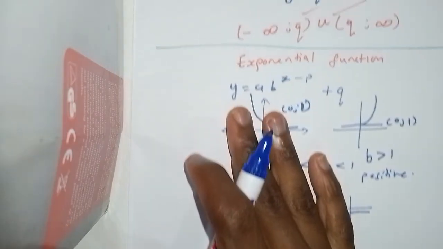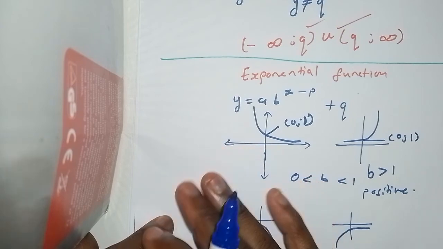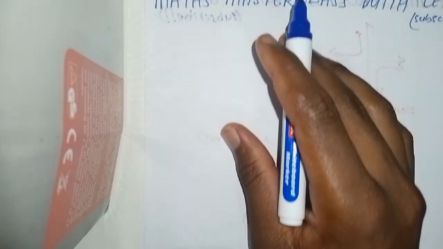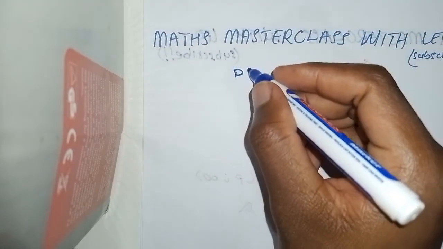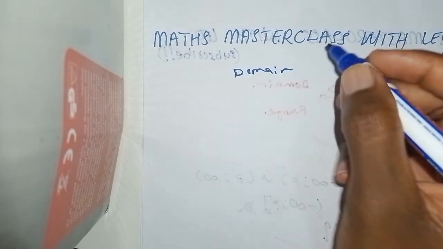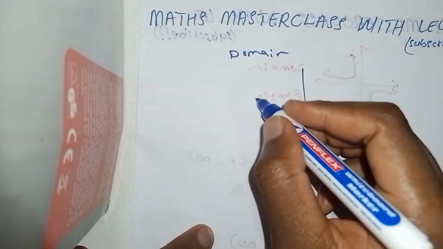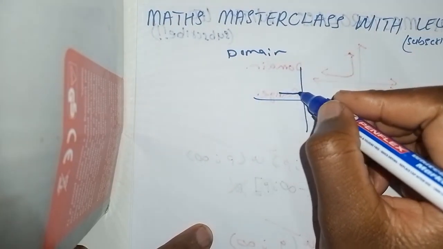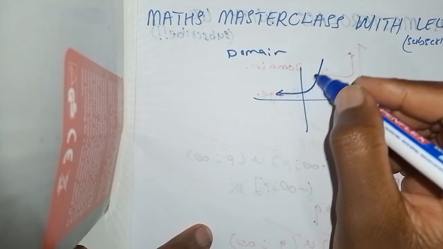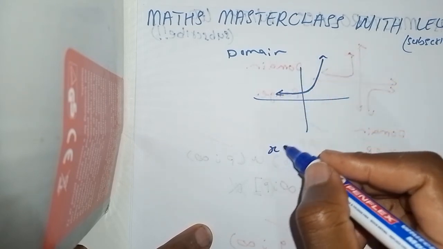The exponential function doesn't have so many things. As far as the exponential function, we are almost done. We are left with what we call the domain and the range. So, domain: when I have my graph like this, in most cases my domain of this graph will always be x is an element of real numbers.